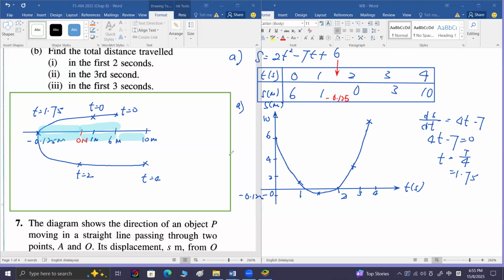That one is for the first 4 seconds. But now, since the question asks you 2, third, and 3, we see the difference. We go to this one, first 2. Wait, I made a mistake again. This one.